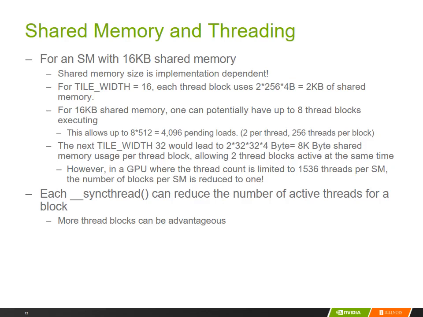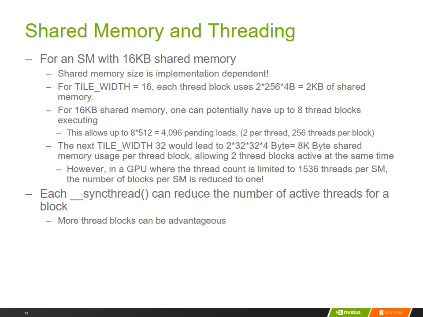Now let's look at the next tile width of 32. This would require 2 tiles times 32 times 32 elements in each tile, and then 4 bytes in each element. So this requires 8 KB of shared memory per thread block.